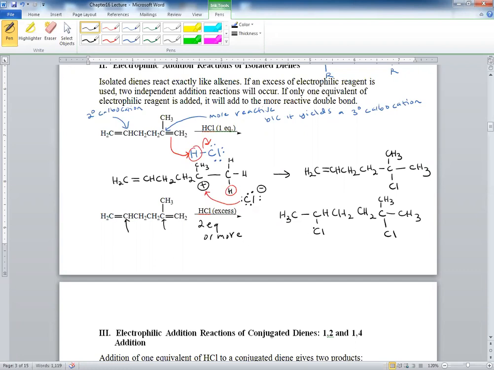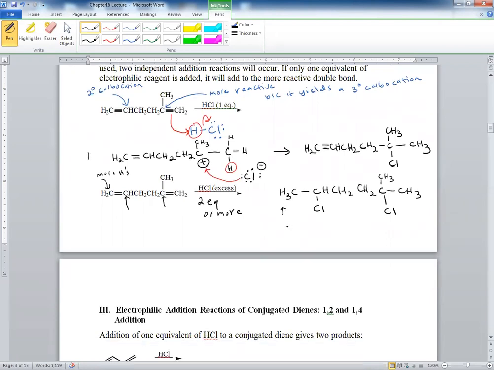Very well. Remember, Markovnikov's rule: you add the Cl where you have fewer H's, and you add the H where you have more H's. So this one has more H's. That's why you added an H to it, as you see right there.